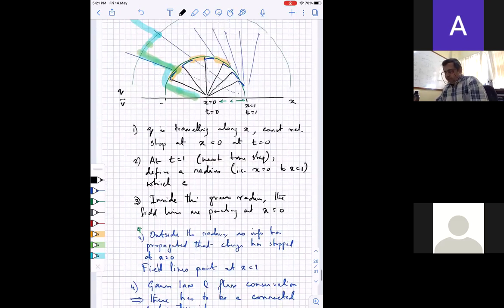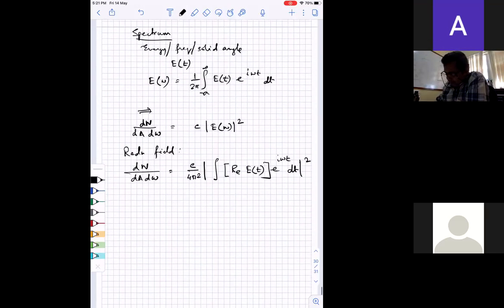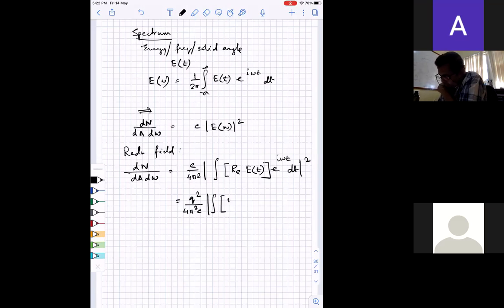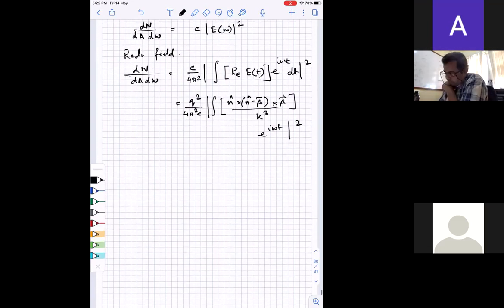Now you substitute this over there. Once you substitute this, you will find that this becomes q squared by 4 pi squared c, and then this expression, which was the integral of n cross (n minus beta) cross acceleration over kappa cubed, e to the power i omega t, and then squared. The expression in the bracket again has to be evaluated at the retarded time.